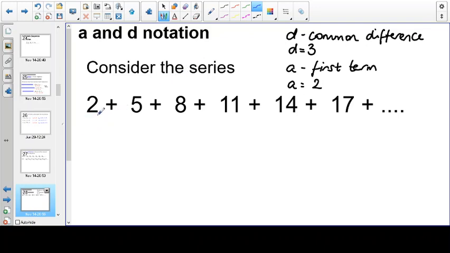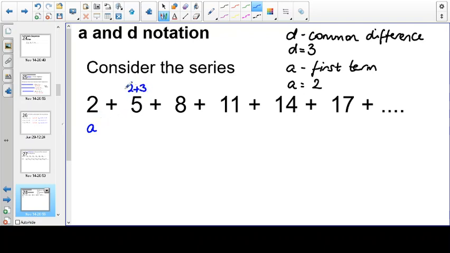So this 2, this is A. To get from here to here, in this case, we need to add on the 3. So this 5 is 2 plus 3.